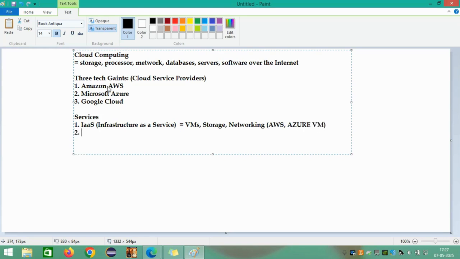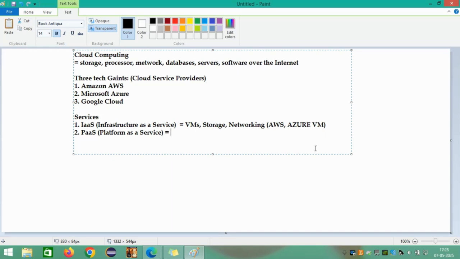So the second service that is provided is platform as a service. Along with all the infrastructure, which is going to have your VMs, your storage, your network and all those, there's going to be an add-on to this, which is your development environment given to the user. So you don't have to worry about what database you're going to be using for storing your data.